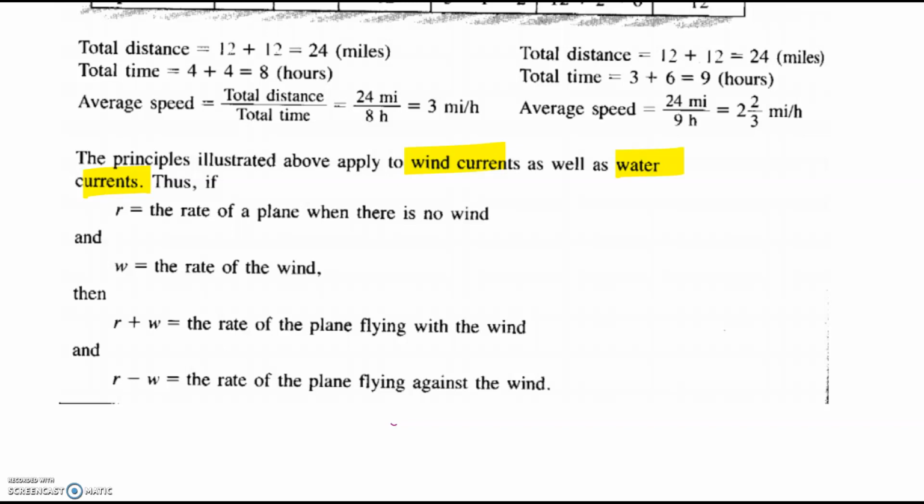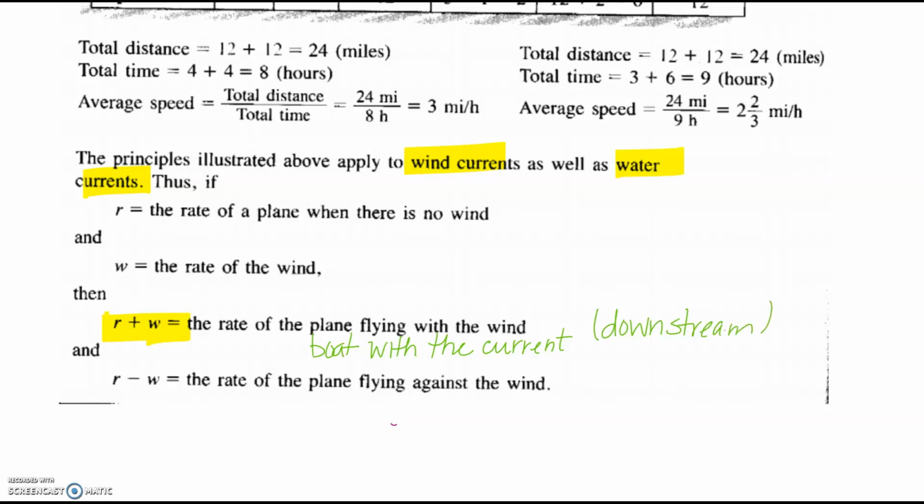W equals the rate of the wind. Now, this is the one we're going to be coming back to. R plus W is the rate of the plane flying with the wind, or the rate of the boat with the current. So it's kind of just replacing the word boat with plane and talking about the wind and the current. So this is when you're going downstream.